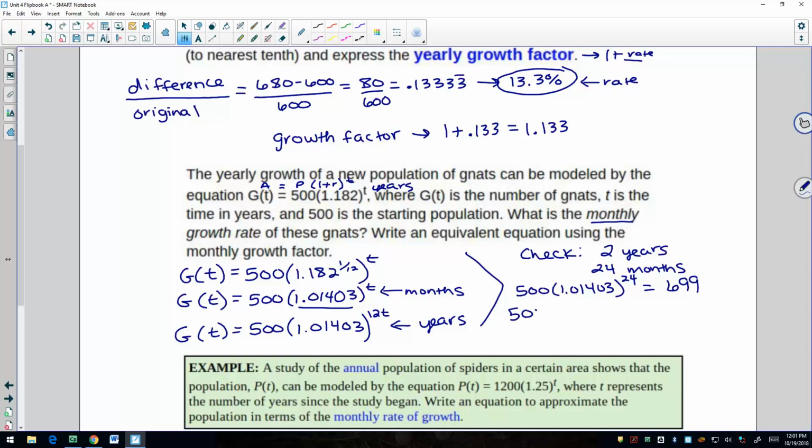If I plug in 500 times 1.01403, this one's in years, so that would be 12 times 2, which is 24, so you're going to get the same number. Then you should check those 2 times back into the original one. Well, the original one was in years, so I would use the 2. And you'll get 699 again. So you should check just to make sure you did it right. Pick 2 and 24, 2 years and 24 months, plug them in and make sure you get the same numbers.